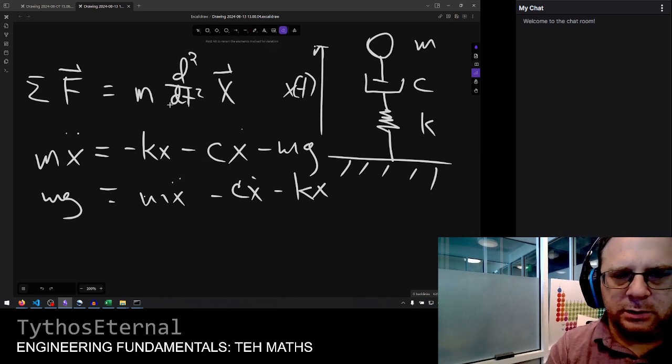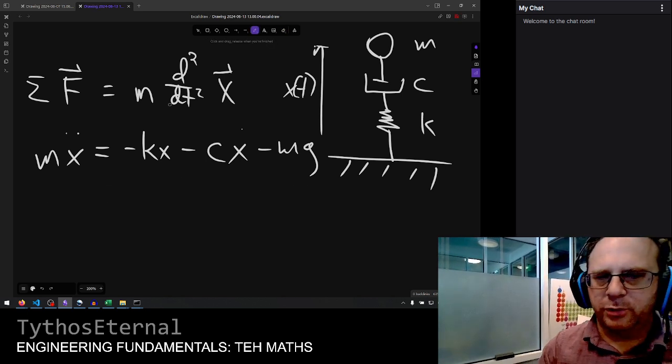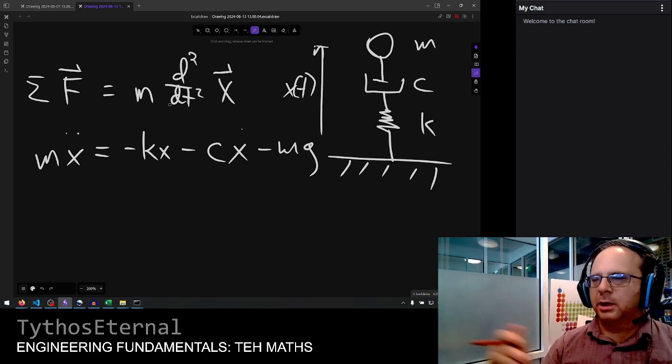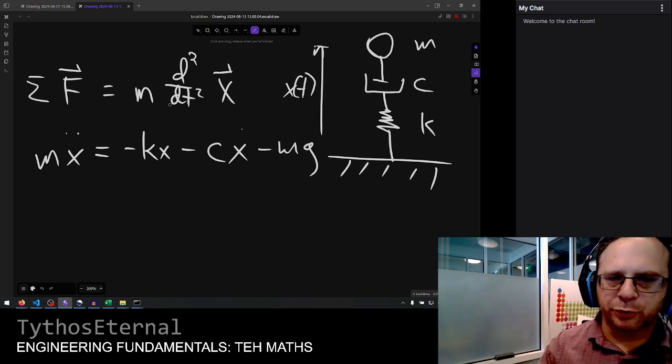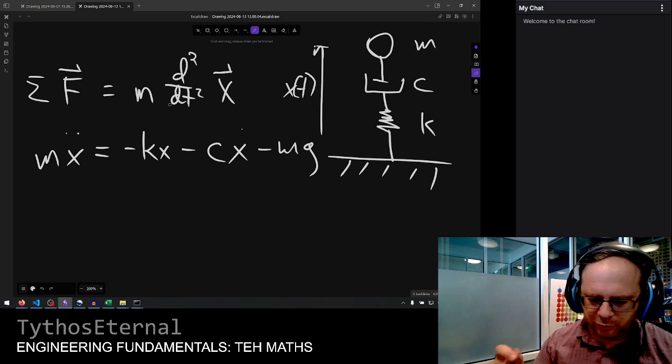But typically, and you'll see why, we keep the highest order of derivative on the left-hand side and express everything else on the right-hand side, because that helps us formulate the expressions that we'll see later on to construct characteristic equations and do the transforms we want.